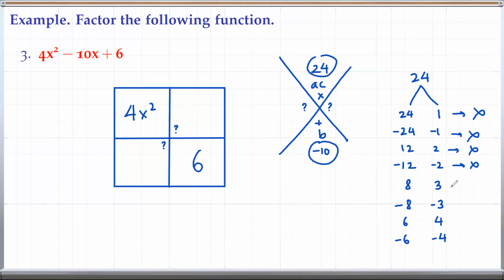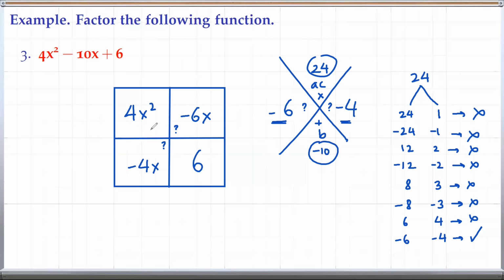Doesn't work. 8 plus 3 is 11, doesn't work. -8 minus 3 is -11, that doesn't work. 6 plus 4 is 10, but we need -10, so this one doesn't work. -6 minus 4 is -10, so this one will work. So we can put -6x here, and because of that -4, we can put -4x here. Or you could put -4x here and -6x over there.